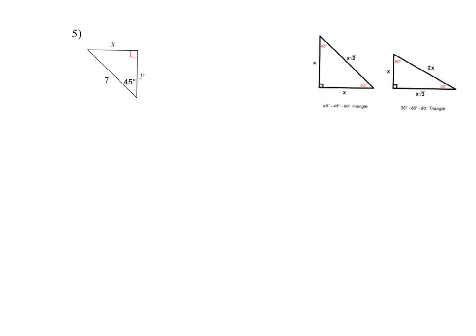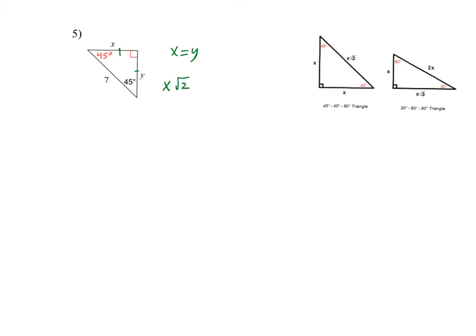Okay. So the next one. Now I have another 45, 45, 90 triangle, and I have my hypotenuse. I know that x equals y, so let's find just x, because it's the same. The hypotenuse is whatever the side is, x, times the square root of 2.